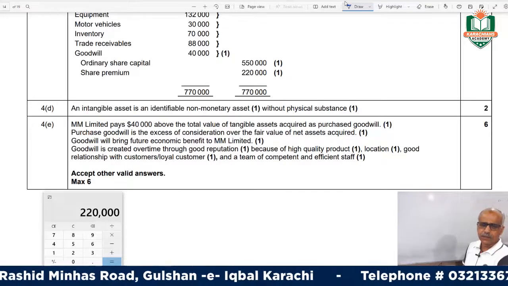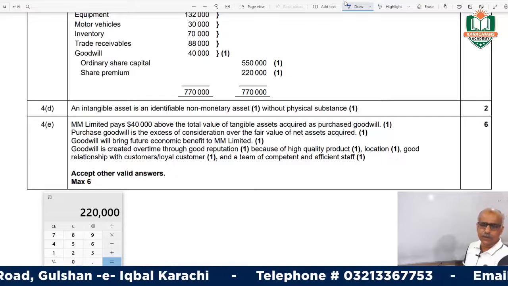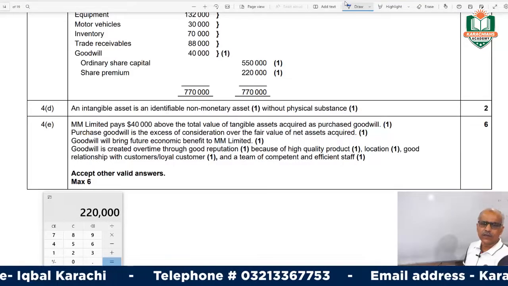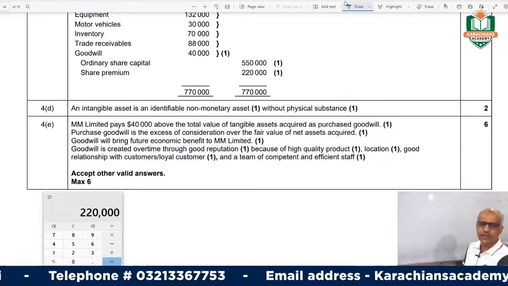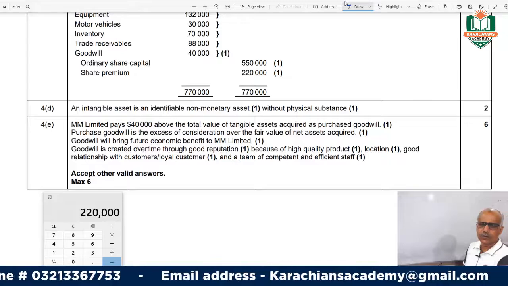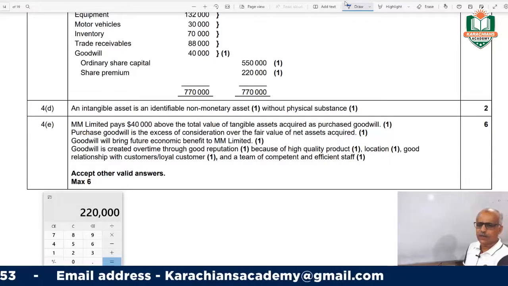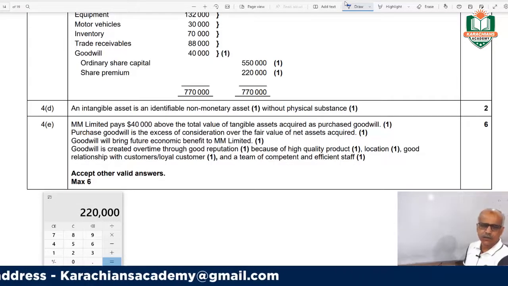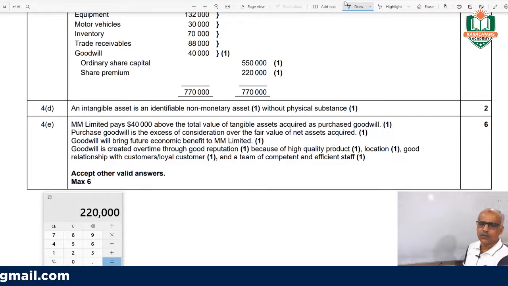Yes, this will bring more sales and more profit into the business. Goodwill is created over time through good reputation because of high quality products, location, good relationships with customers, loyal customers, and a team of competent and efficient staff. So this is your answer for E.